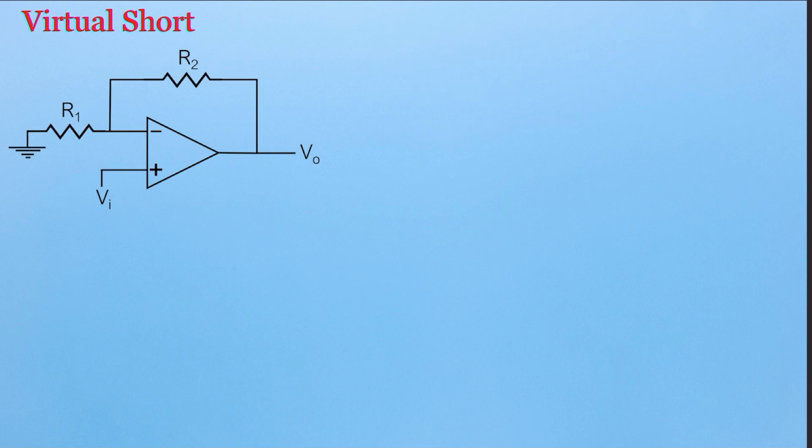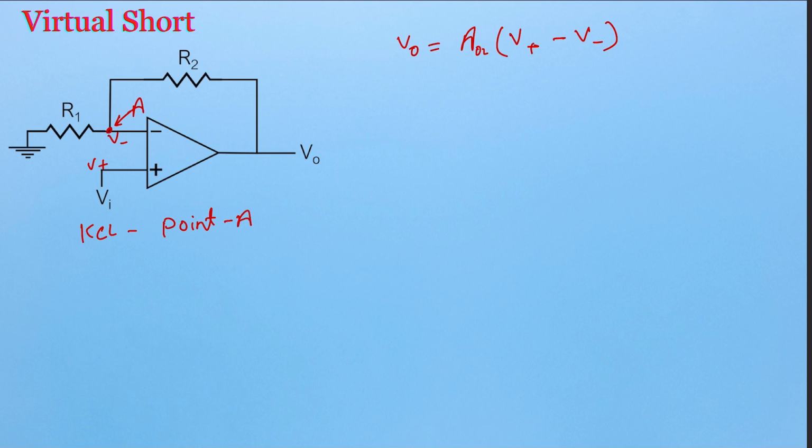First, we all know that if this voltage is V minus and this voltage is V plus, then we can write down the output voltage V0 is equal to AOL, the open loop voltage gain, multiplied by V plus minus V minus. And if we do the KCL at this point, point A, what will we get?